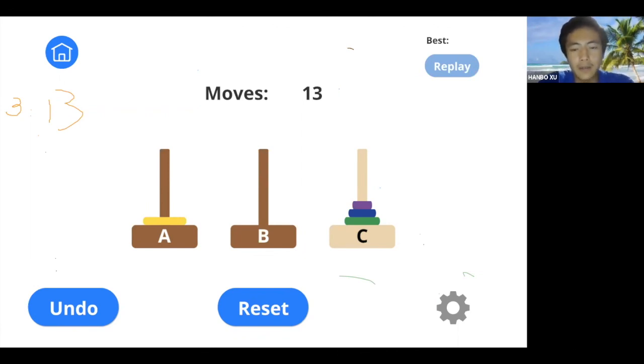We will be posting the problem on the question board and on our website with the page called discussion problems. You guys can find the problem there. We will also link this app on the question board page, so you guys can go there to keep on playing around with the Towers of Hanoi.